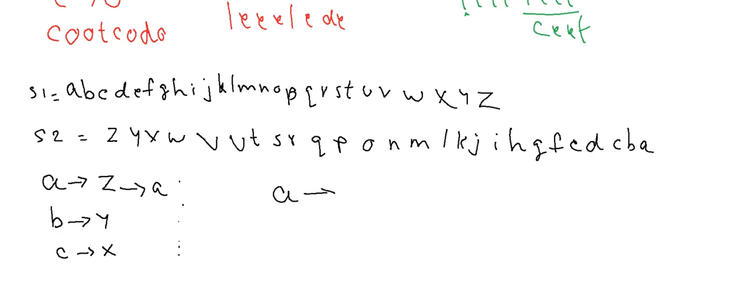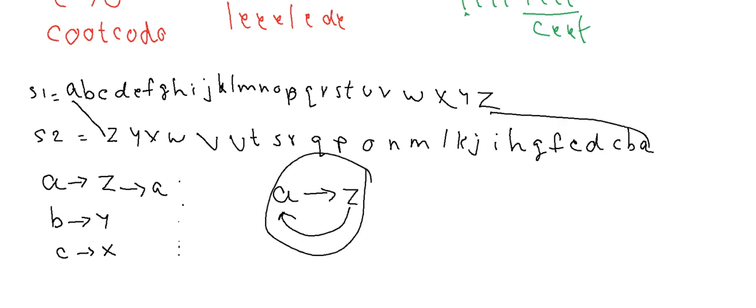If you look at this in the form of a graph, then this is a cycle, right? So in this case you transform A to Z, and then again you're going to transform Z to A. So there is a cycle in this way, and whenever there is a cycle, in order to break this cycle we need one extra character.